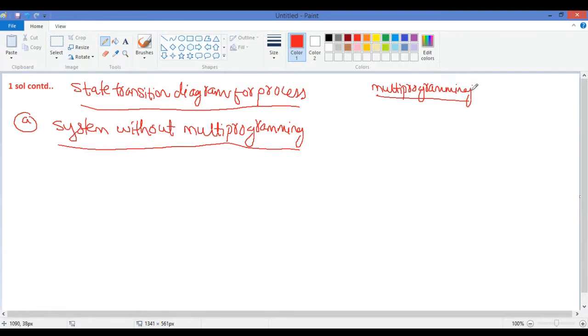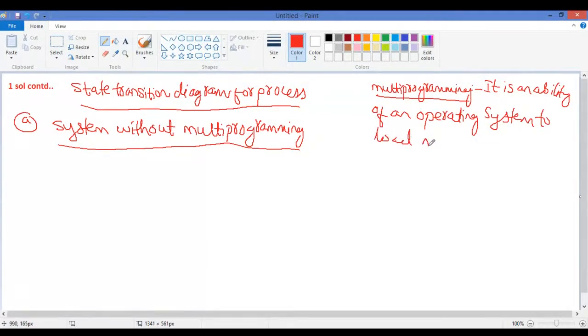It is the ability of an operating system to load multiple processes in main memory.